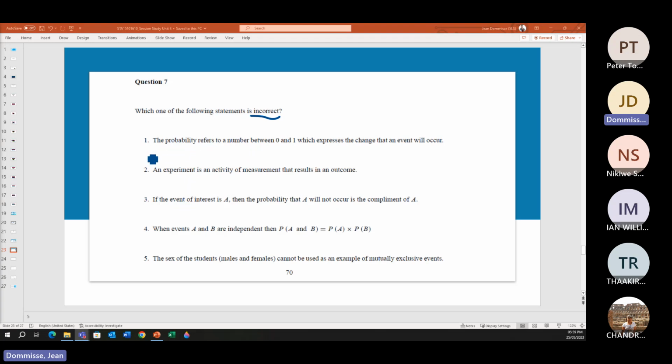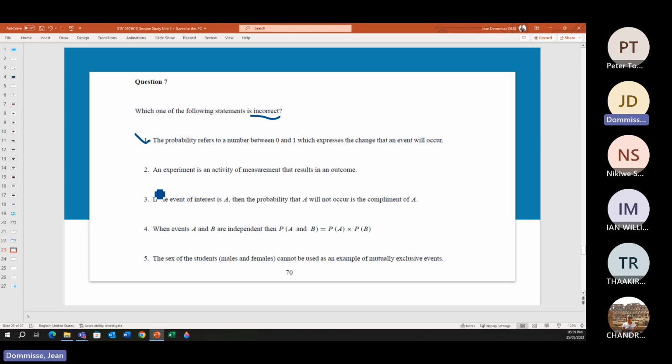But let's go through them. The probability refers to a number between 0 and 1, which expresses the chance that an event will occur. Yes. Okay, so a number between 0 and 1, and that the event will occur, that is correct.